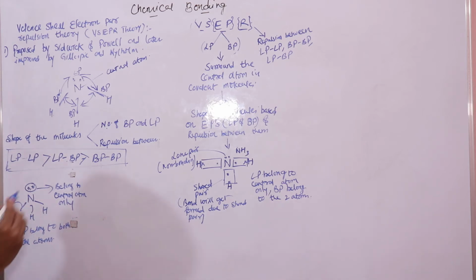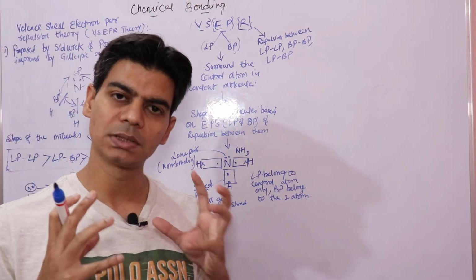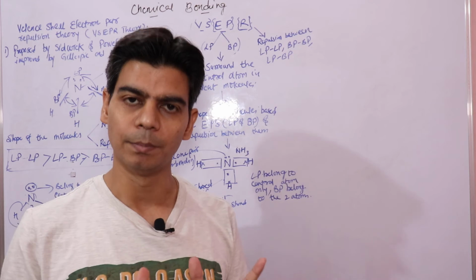right? Since this lone pair is only on this central atom, the size of this lone pair, or the space occupied by this lone pair, is maximum, right?